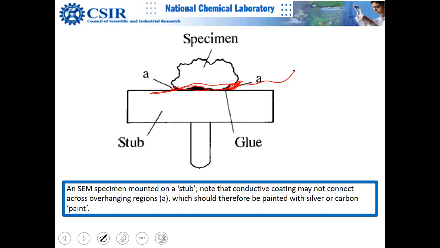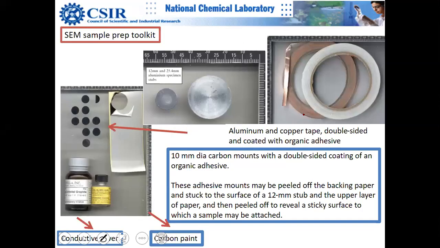So it is better to use carbon tape, which is sticky on one side, so you can remove the layer and glue it onto the stainless steel stub. It depends upon your choice whether you would like to use silver paint or carbon paint, and on your sample. Suppose you want to recover it. There are all kinds of options.